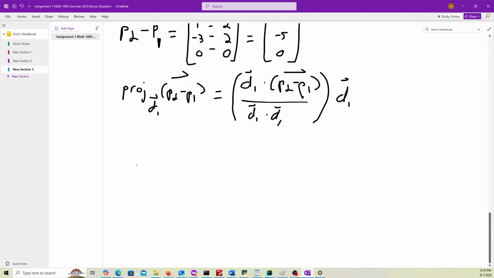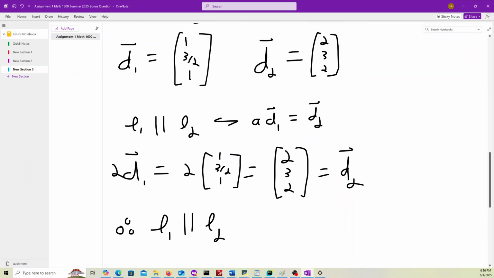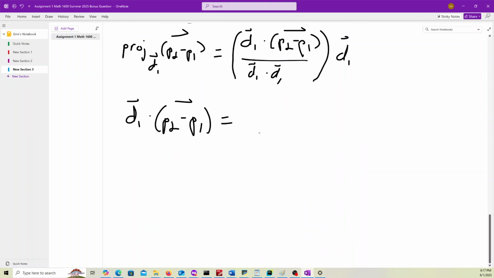So let's break this down into parts. What is the dot product of D1 dot P2 minus P1? So let's remember what D1 is. D1 is 1, 3 halves, 1.